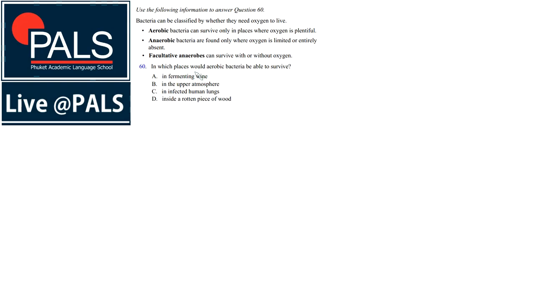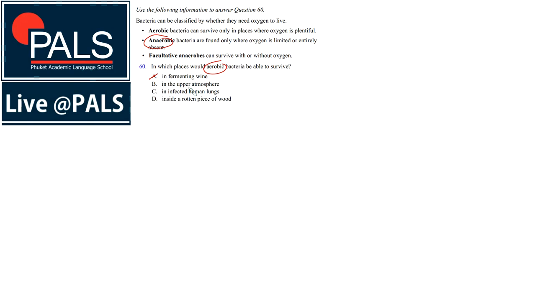In which places would aerobic bacteria be able to survive? In fermenting wine. Fermenting is a form of anaerobic respiration, so therefore we can exclude A. In the upper atmosphere, in infected human lungs, inside a rotten piece of wood.